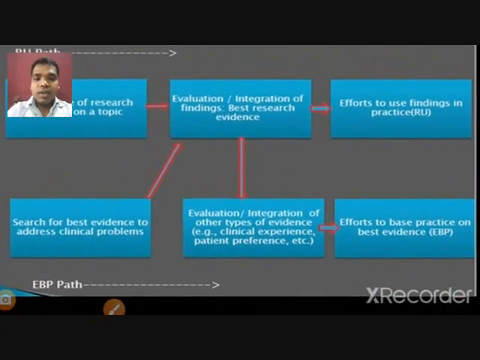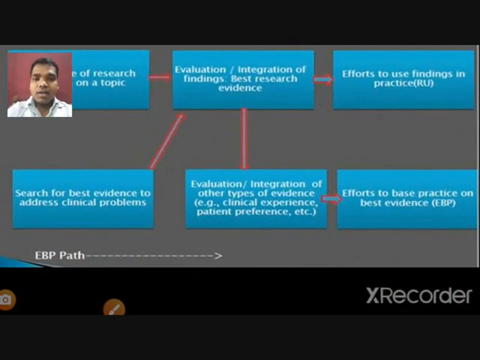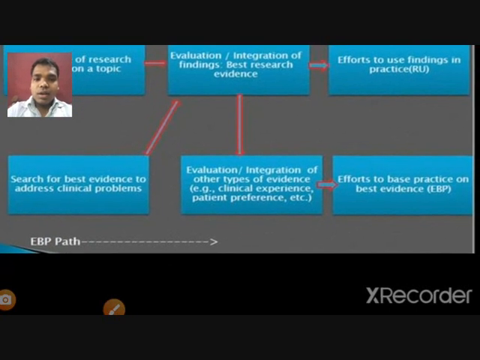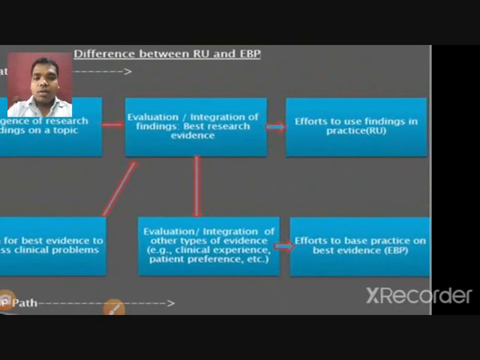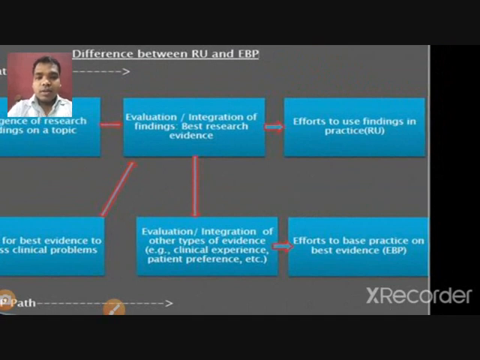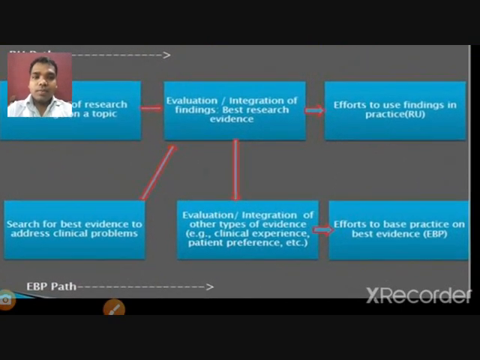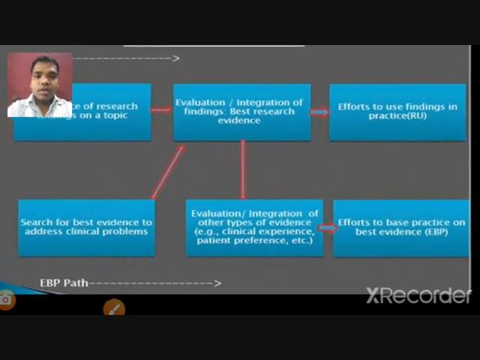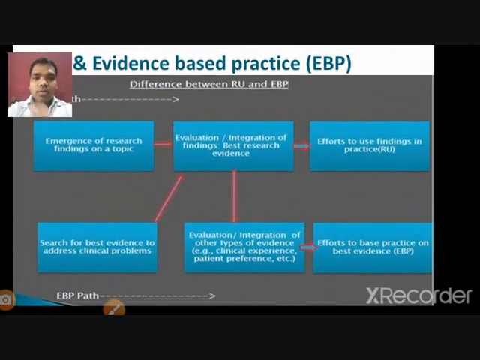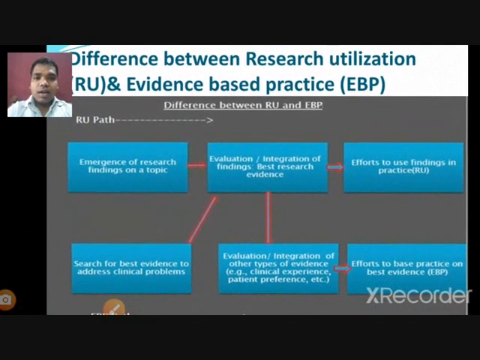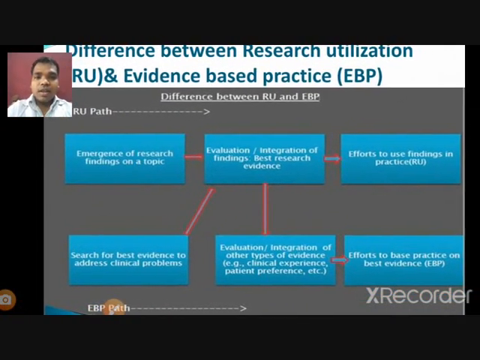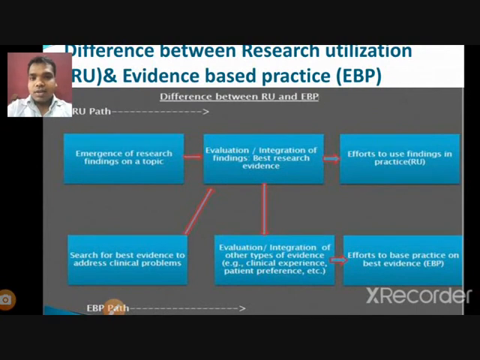Then we see search for best evidence to address clinical problems, evaluation, integration of other types of evidence, that is clinical experience, patient preference, etc. Efforts to base practice on best value, EBP, that we raise to the EBP path. This is all the diagrammatic presentation of research utilization RU and evidence-based practice EBP. Now we go to the next slide.